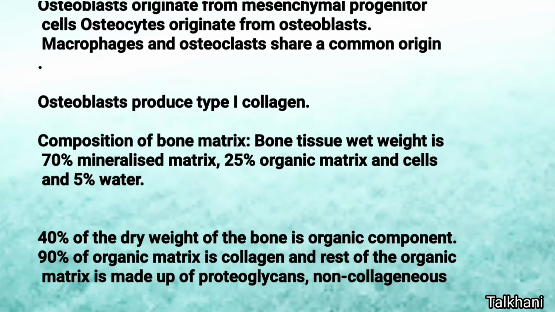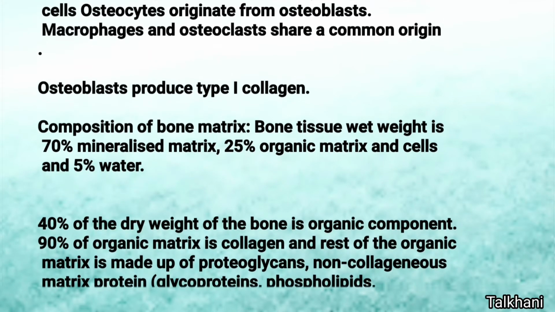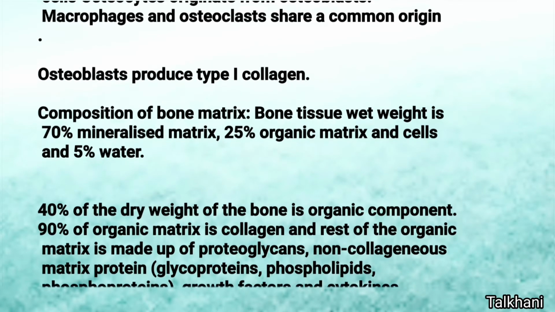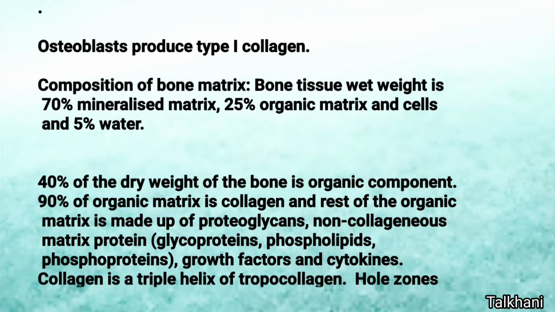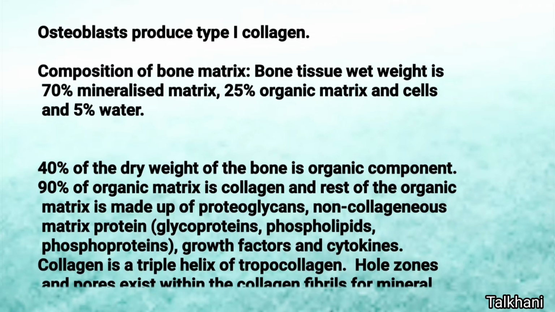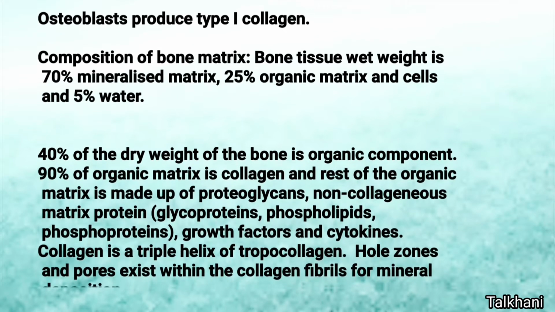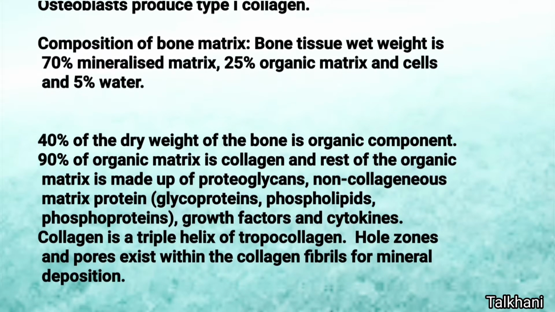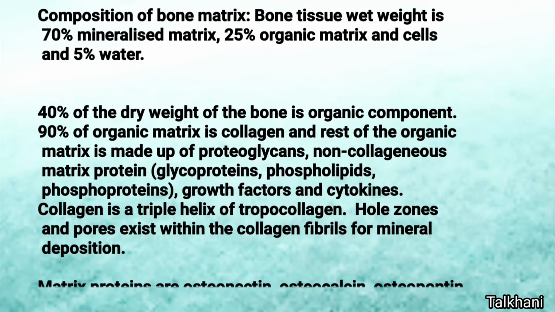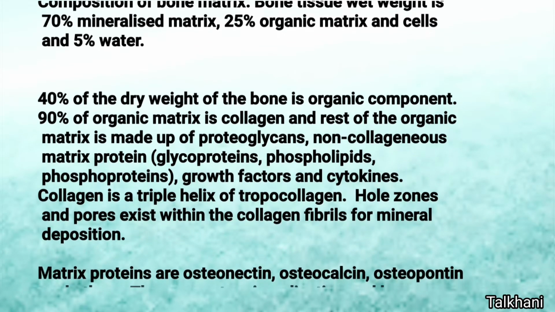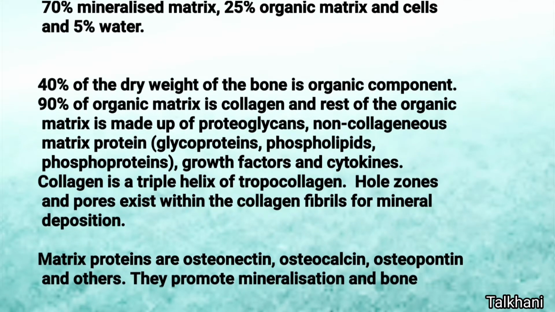Let's look into the organic component first. 90% of this organic matrix is made up of collagen, and the rest of the organic matrix is made up of proteoglycans, non-collagenous matrix proteins, growth factors, and cytokines. Collagen is a triple helix of tropocollagen. Hole zones and pores exist within the collagen fibrils for mineral deposition.